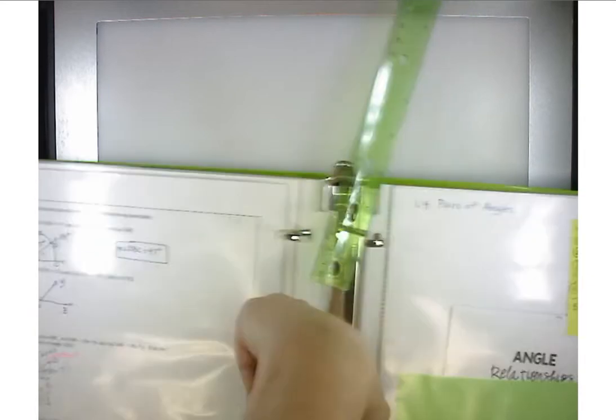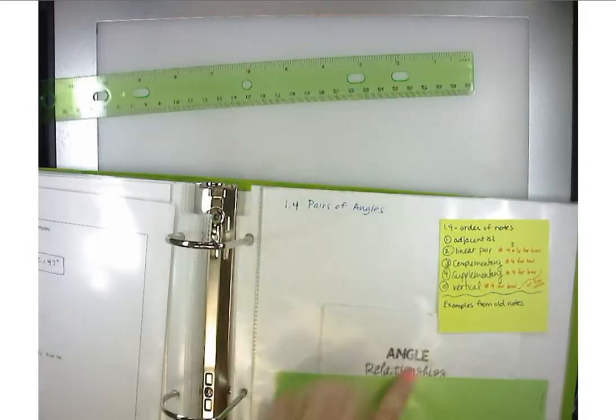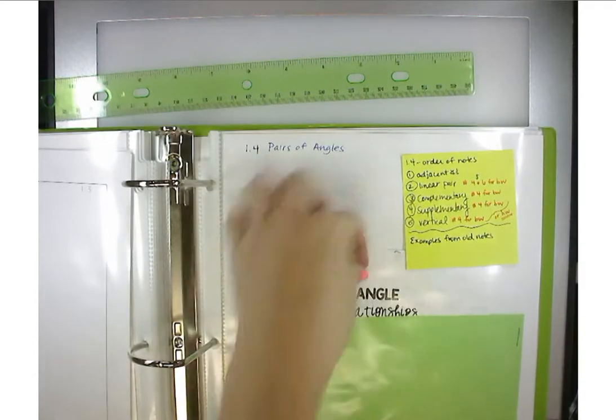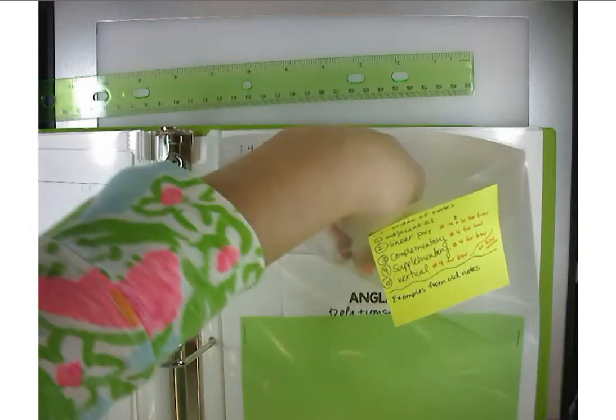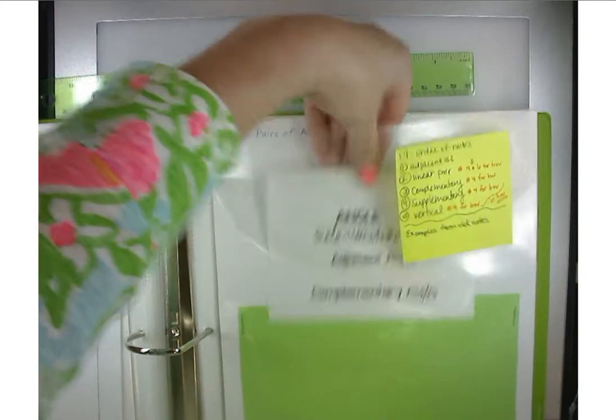Okay? And then your next page is the pairs of angles. I have my angle relationships in a little pocket that I made, so I can take mine out for next year, but yours is going to be glued into your notebook.